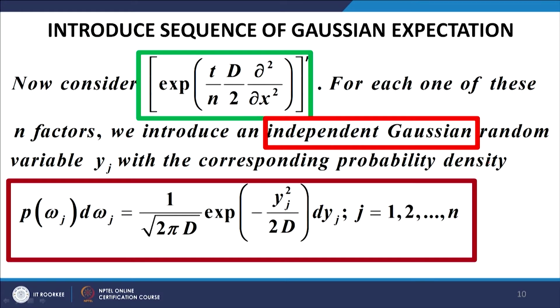And please note this: all these variables y 1, y 2, y 3 are independent. Of course, they are Gaussian, but they are independent. That is a very important property, otherwise the analysis would be very much impeded. The variables are independent of each other.